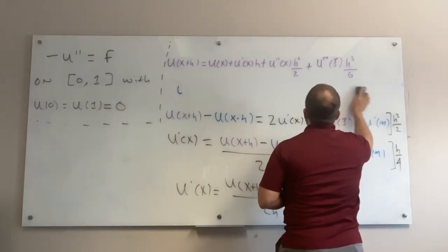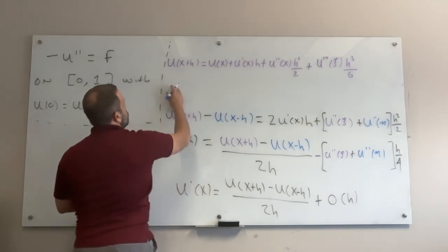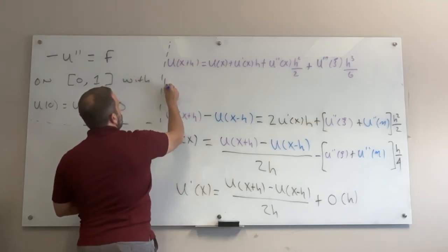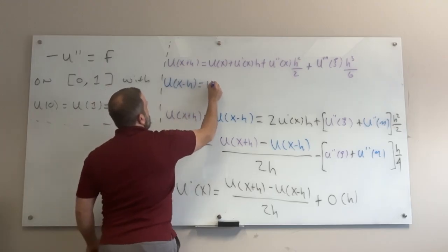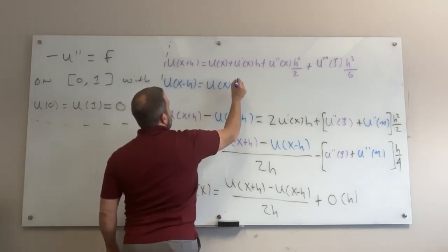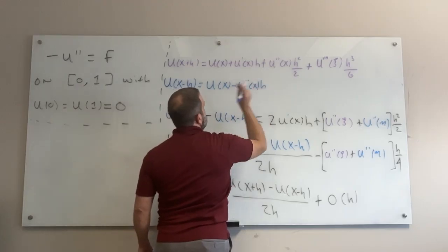And over here, what we're going to get when we do u of x minus h is u of x, and then again minus u prime of x times h.